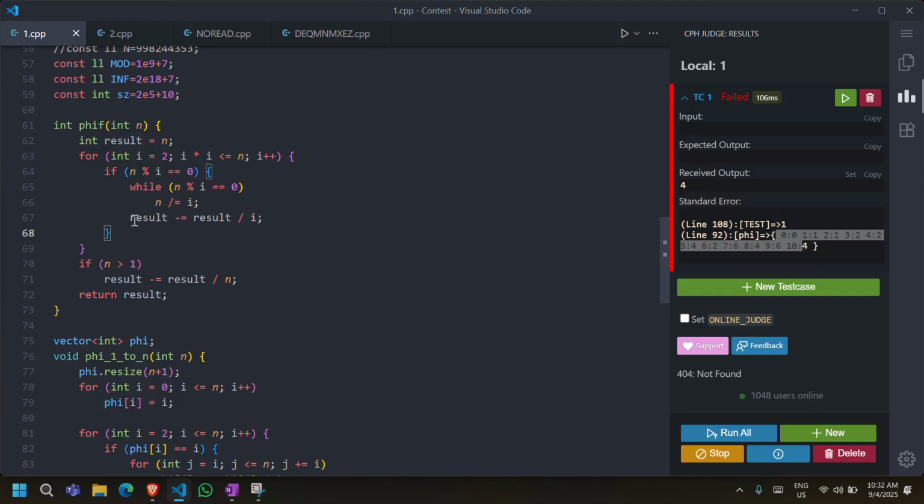After that you do result minus equals result by i, because i is the prime number which divides n. And if n is greater than 1, it means n is itself a prime number, and for that prime, just do result minus equals result by n.